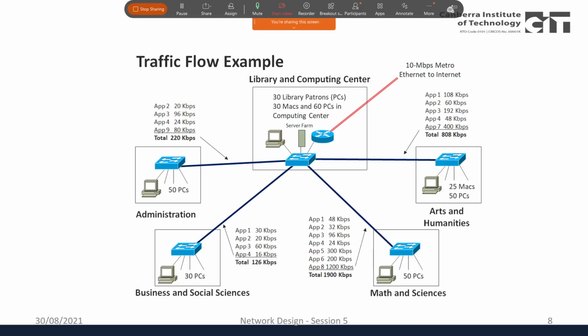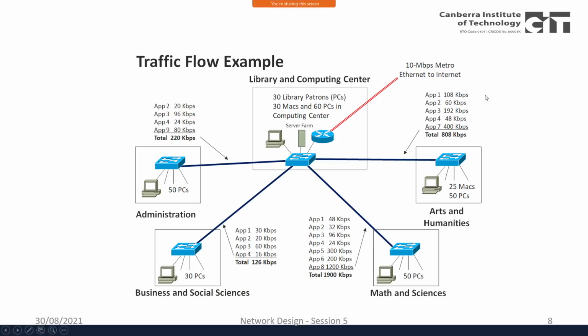So if you know there is an upgrade coming soon, I don't see any problem with it. Now, if there's no upgrade coming up soon, and you know that there is this limit in the uplink to the internet, there is no reason why you would spend much more money on the link connecting to the router, because no one is going to be able to take advantage of that.